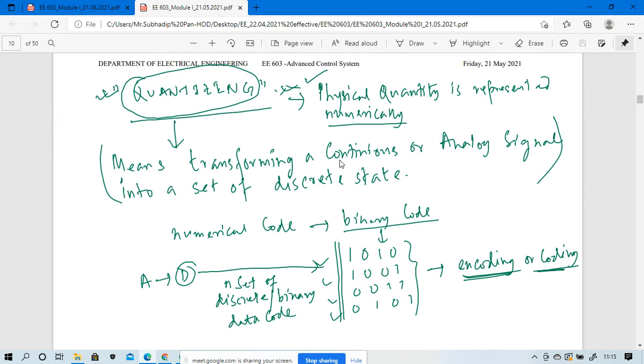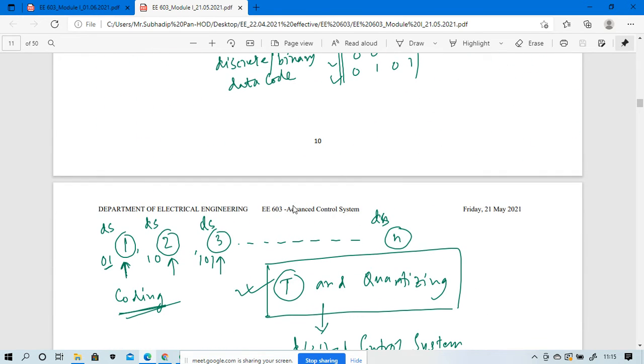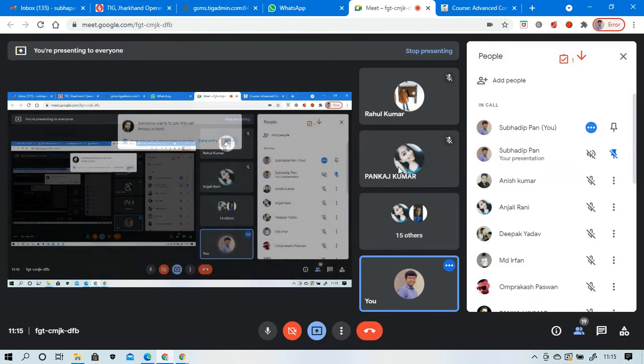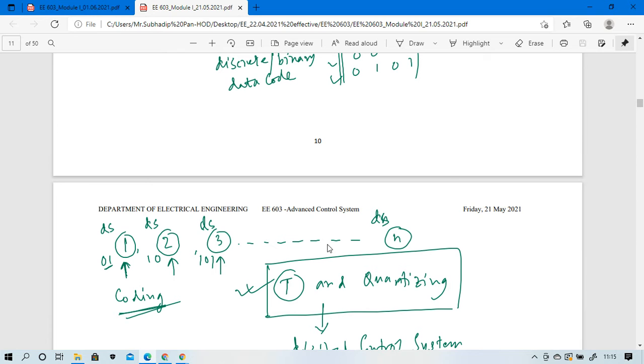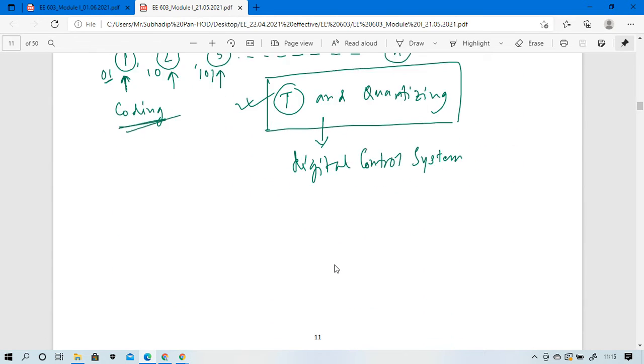Today we will discuss more about the quantizing, as well as the quantizational error.